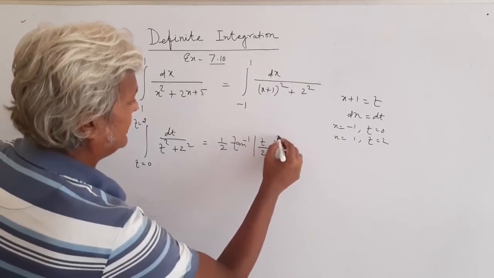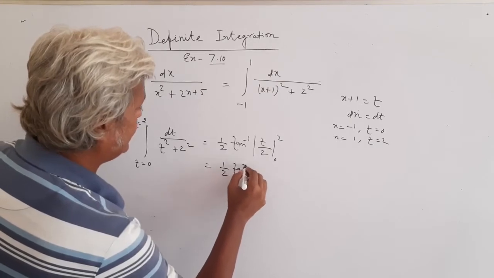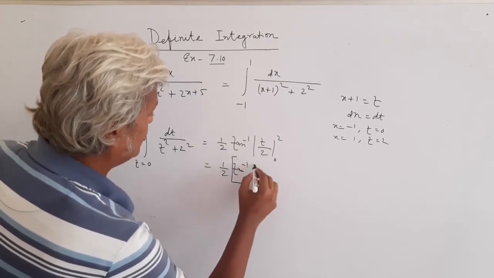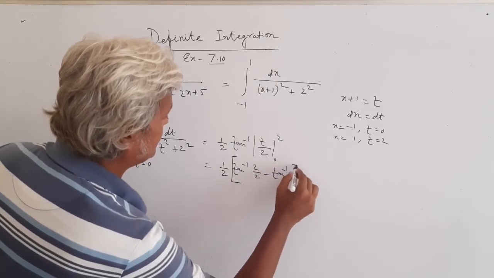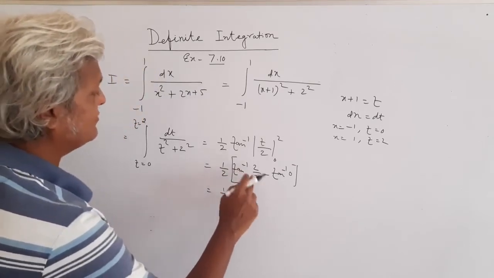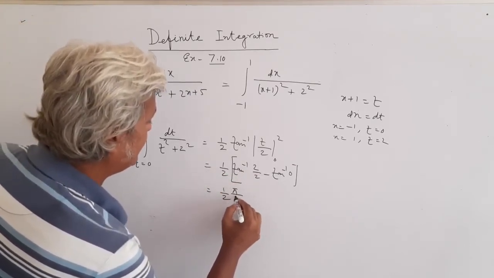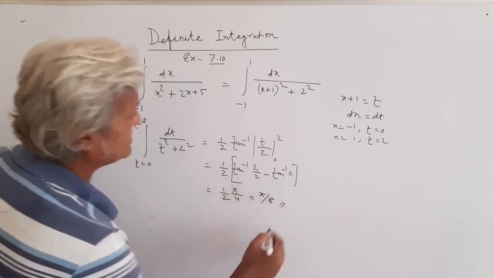Here 0 and 2, so this becomes 1 by 2 tan inverse 2 by 2 minus tan inverse 0. Tan inverse 2 by 2 is tan inverse 1, which is pi by 4, and this is 0, so your answer is just pi by 8. This is done.